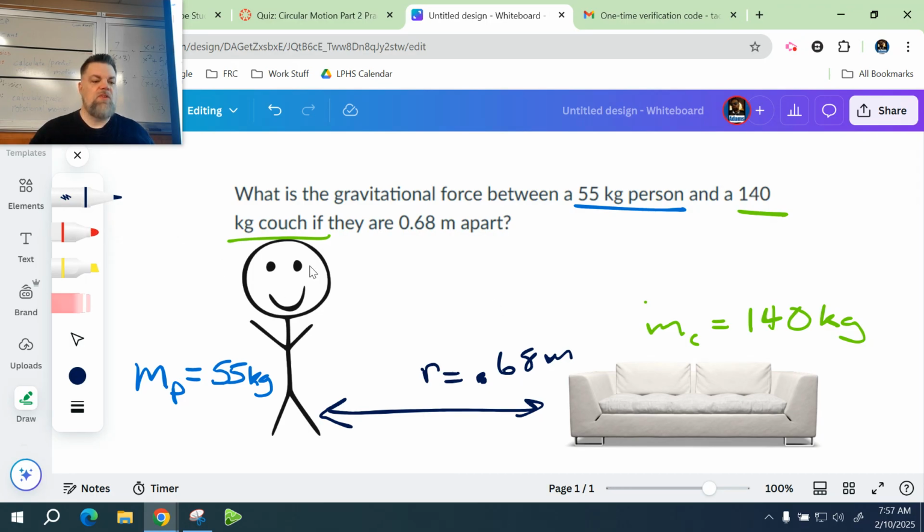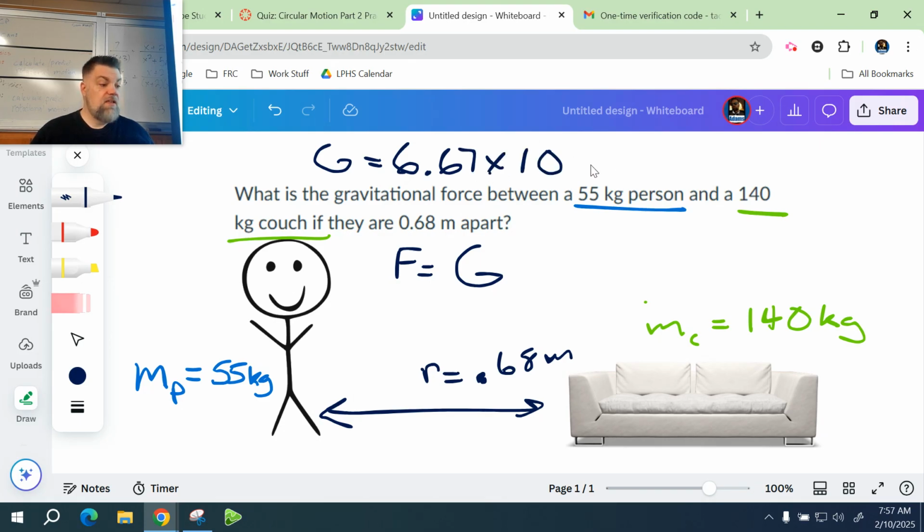So then what's the formula for all this stuff? Well, remember that the force due to gravity is equal to the gravitational constant G. Remember that capital G is equal to 6.67 times 10 to the negative 11, and there's a bunch of units.